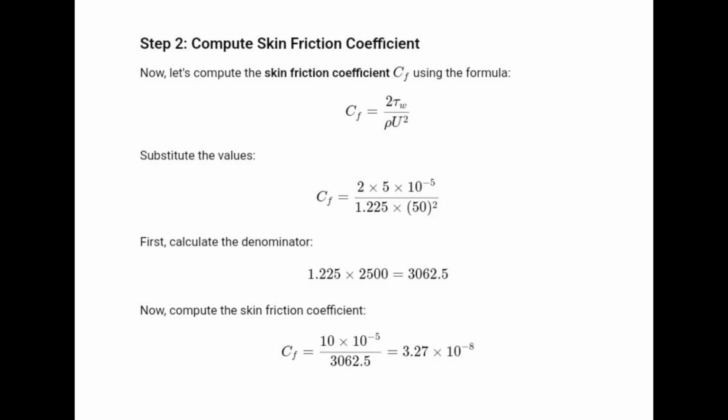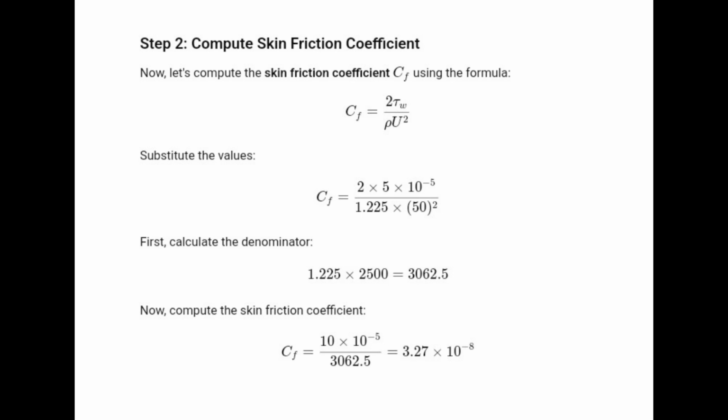Skin friction is equal to 2 times tau, the wall stress, over dynamic pressure. So now let's substitute our given values: 2 times 5 times 10 raised to negative 5 over 1.225 times 50 squared.